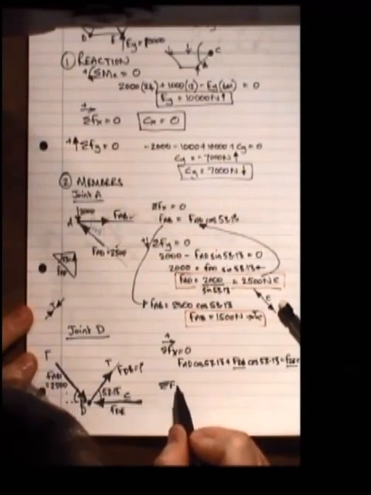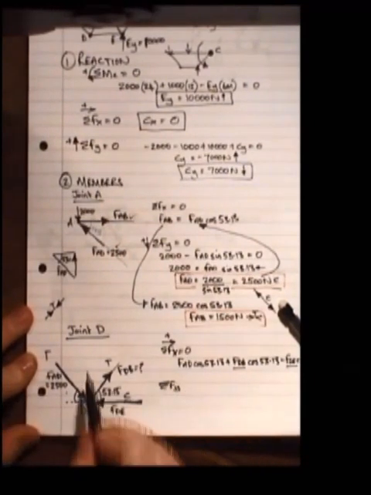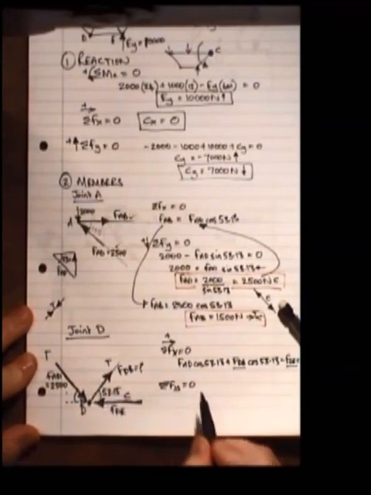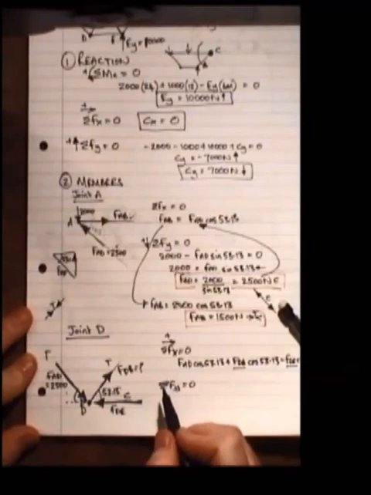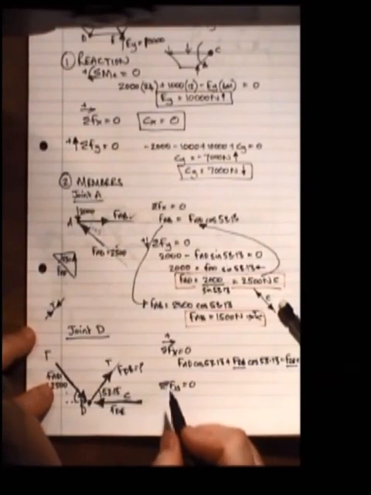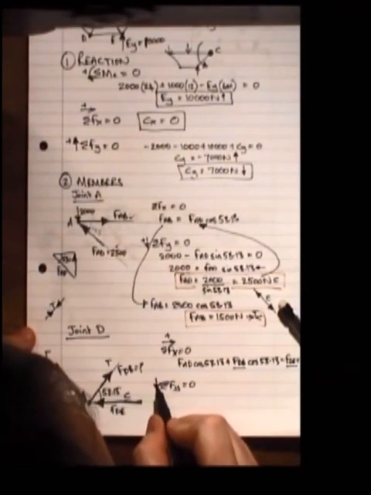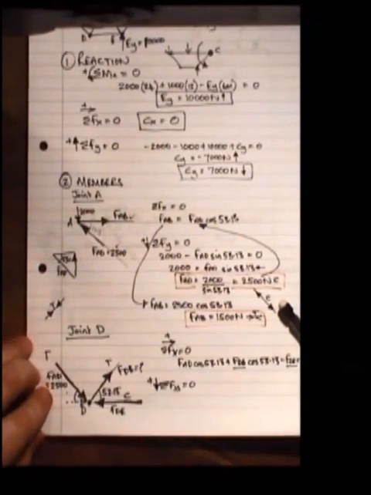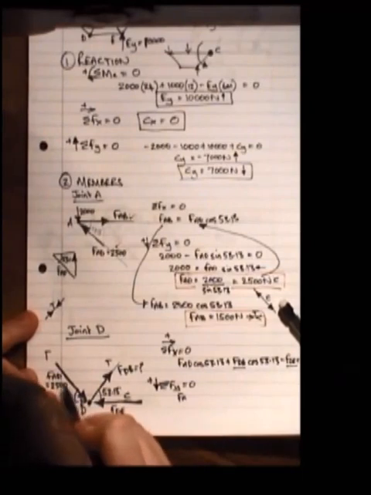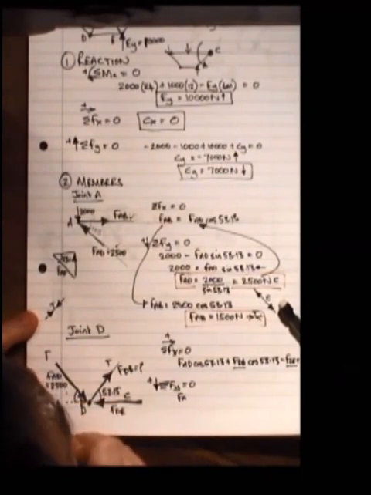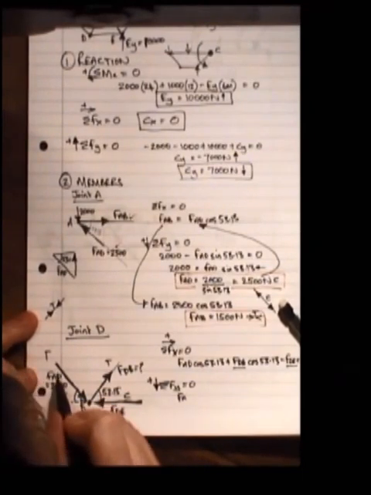Sum of forces vertically equals 0. So we'll say everything coming down is positive. So we've got FAD. How much of this FAD is acting vertically?